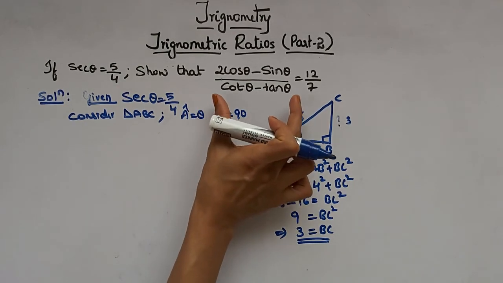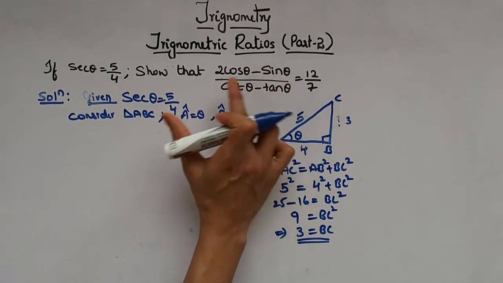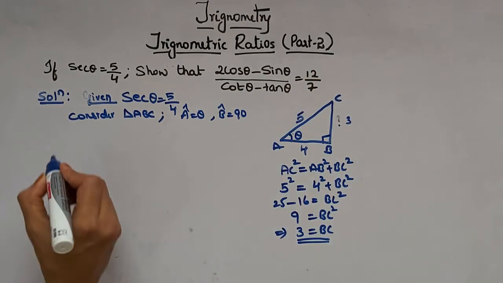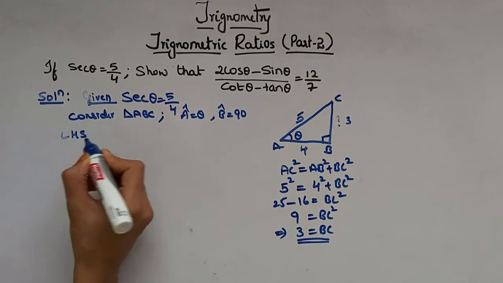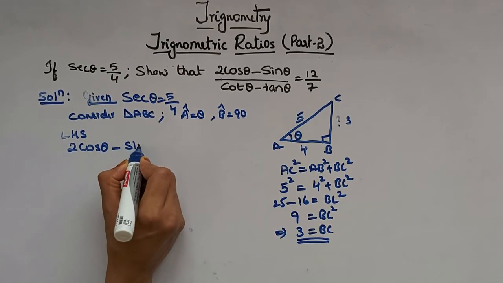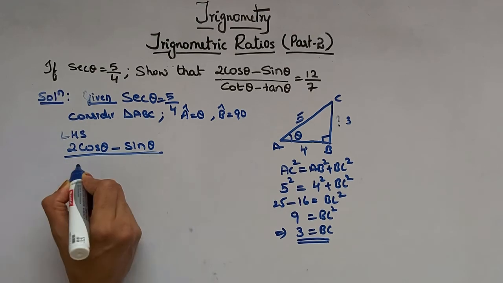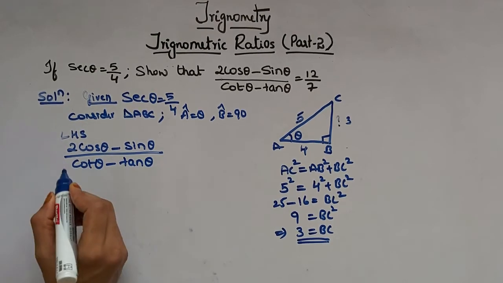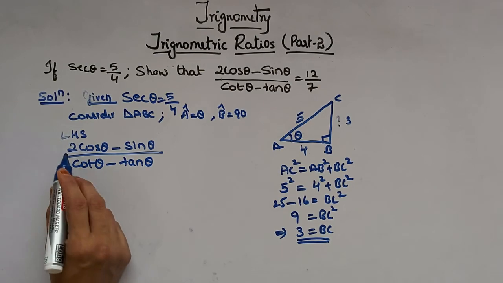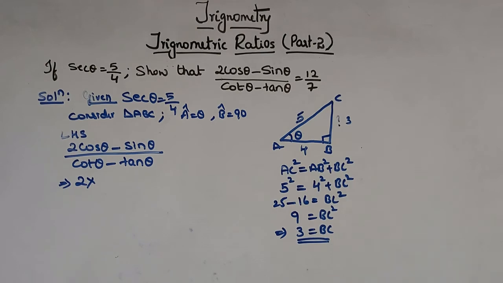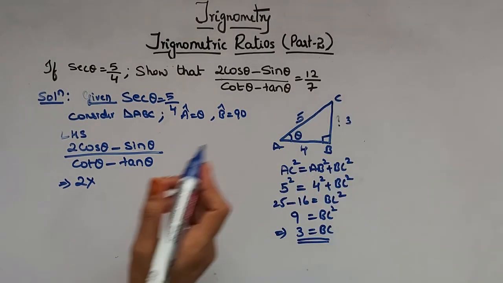We have to show that 2 cos theta minus sin theta by cot theta minus tan theta is 12 by 7. So first let's take the LHS. Here the LHS is 2 cos theta minus sin theta by cot theta minus tan theta, right? Simply substitute the values. 2 into cos theta we know is 4 by 5, that is adjacent by hypotenuse.